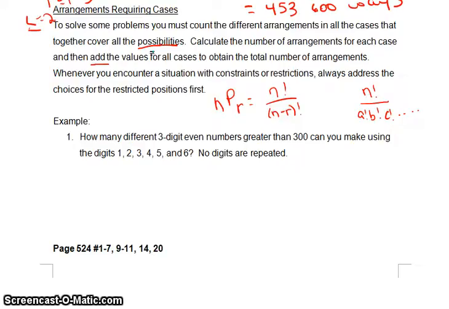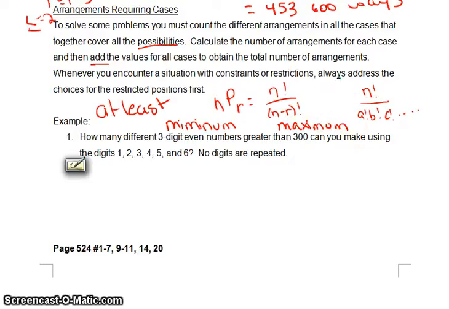As a little hint, you can tell there will be different cases from key words, such as "at least a certain amount," or a minimum, or a maximum, where it requires a certain number, but it could also be more or less. You find the permutations for each of those and work from there.